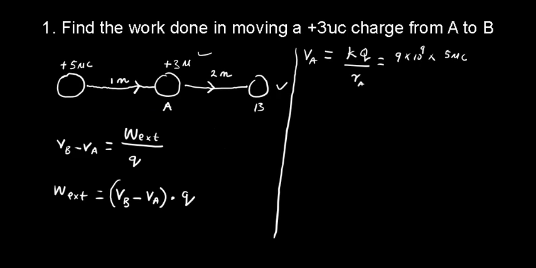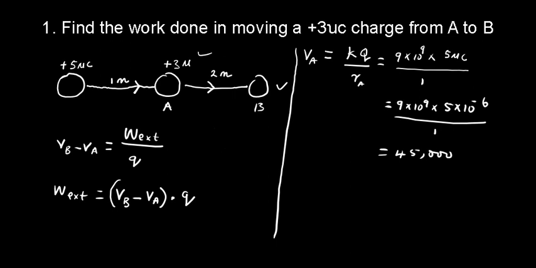It's going to be divided by 1. So it's 9 times 10 raised to power 9 multiplied by 5 times 10 raised to power negative 6, because it is microcoulombs, divided by 1, which will give us 45,000 volts.